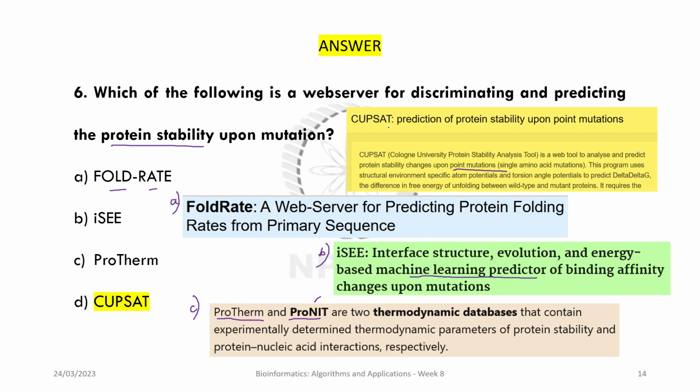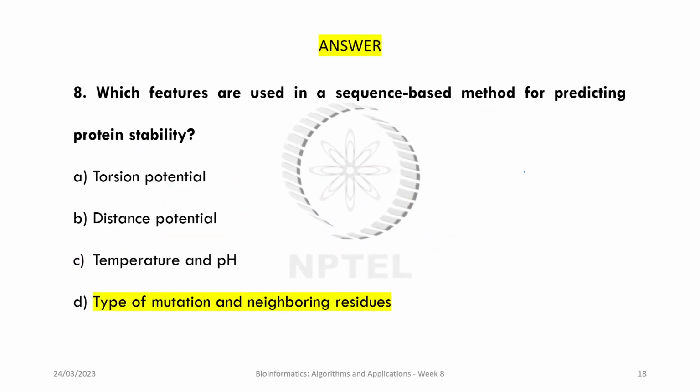And then here in CUPSAT, you have structural and environment specific atom potential, torsion angle potentials to predict delta delta G in different energy, and so on. Right? Now you have another specific question here.